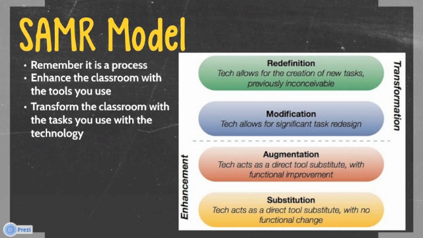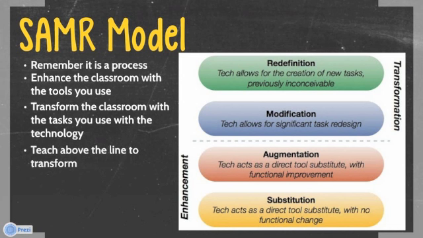That's a direct substitution. But maybe you move into the augmentation stage where you're having them create a blog. Well, what about if you modify that completely and you have them build their own website where they are including some of the journal writes and things, but maybe they're adding additional content, web videos, pictures, etc., making it more interactive. That tends to lean more towards the modification piece.